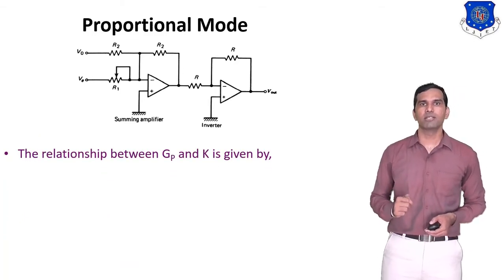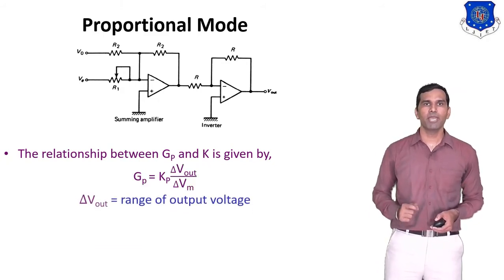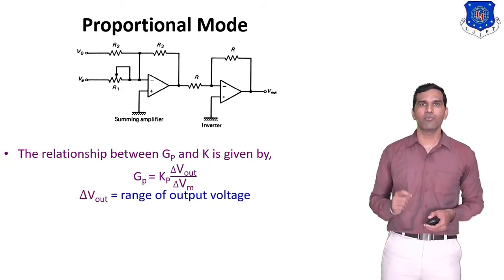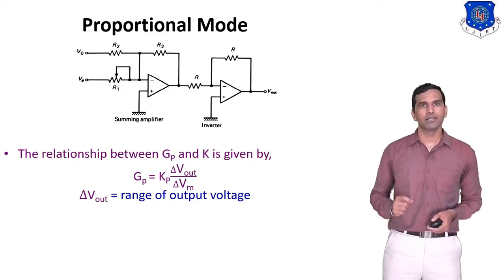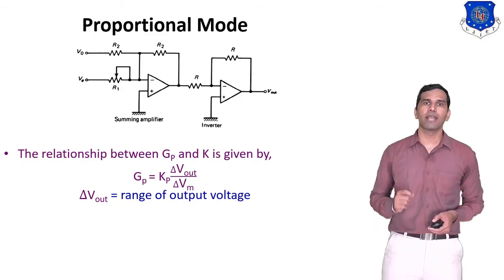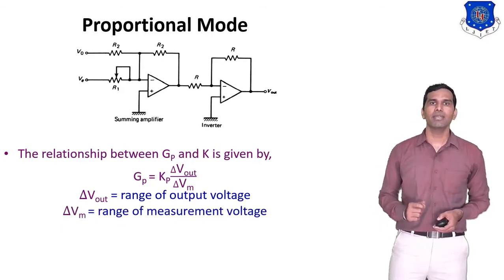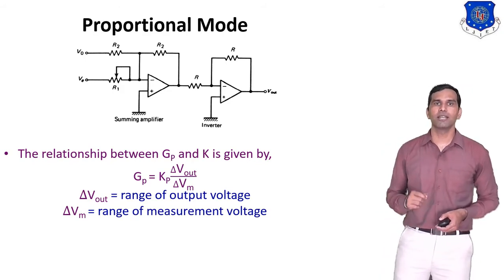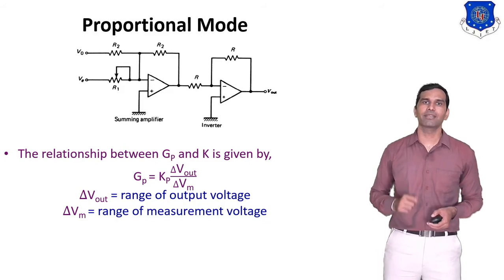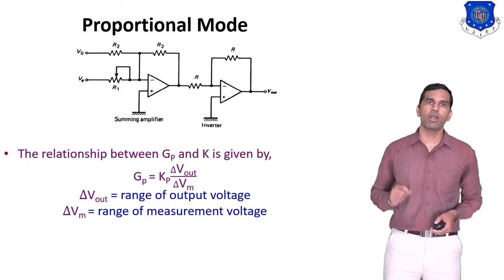The relation between Gp and Kp is given by Gp = Kp ΔVout / ΔVin. Here ΔVout indicates the range of output voltage, and ΔVin indicates the range of measurement voltage.